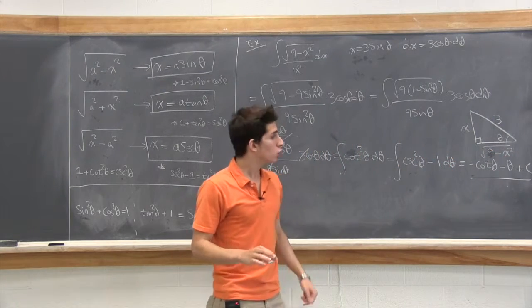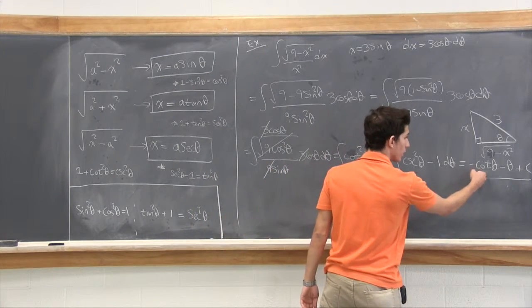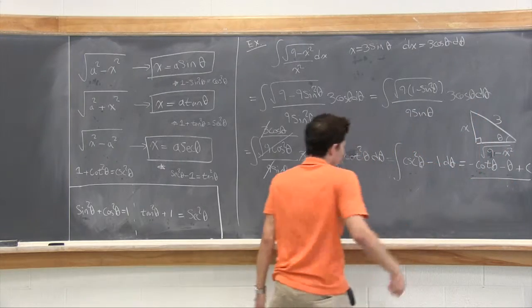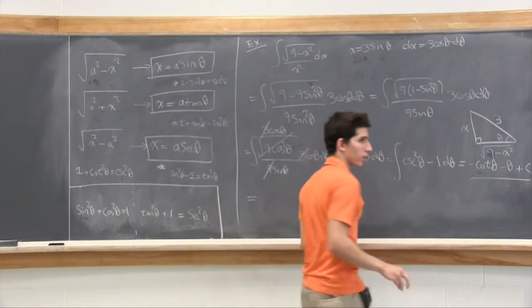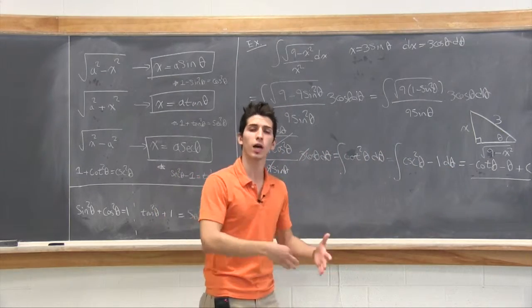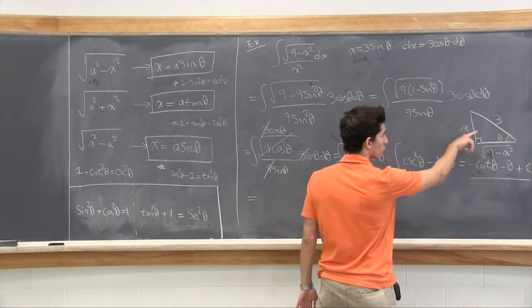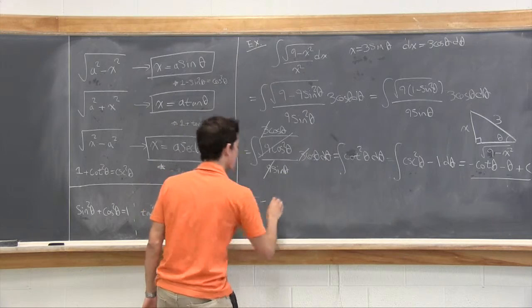Okay? So what I need to figure out is what cotangent theta is in terms of this stuff, and what theta is in terms of this stuff, and then I'm done. So cotangent theta, and what's cotangent? It's cosine over sine, right? Cotangent theta is cosine over sine, or in other words, I'm going to leave the minus sign.